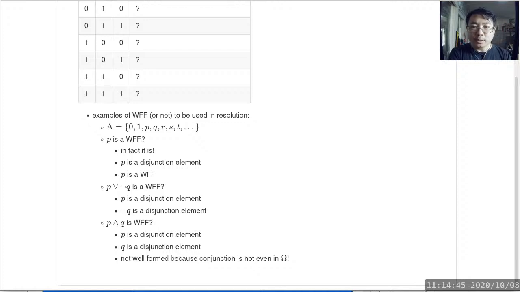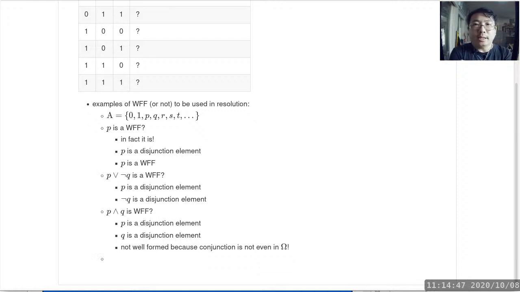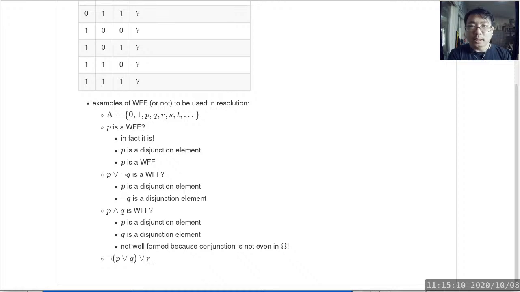All right, so let's take a look at something else. Now we know that we need to stick with negation and disjunction, so let's look at another one that has those two. Now we have the negation of P or Q, and then that entire negation is ORed with R. In fact, I'm going to use extra parentheses so that we know the ordering of the operators.